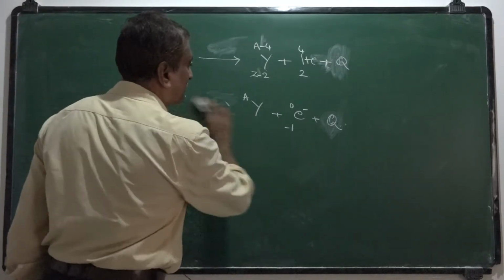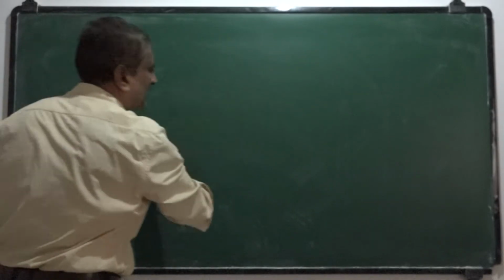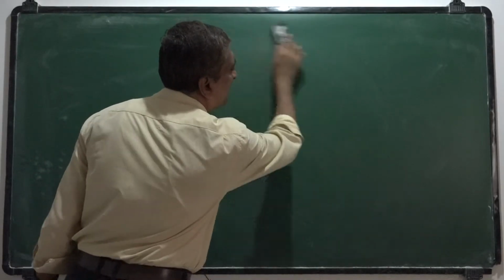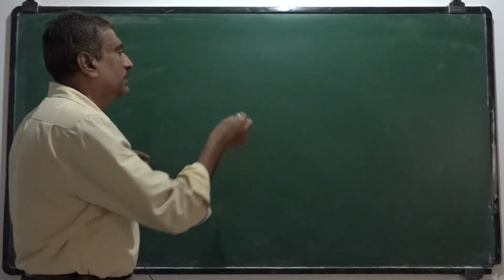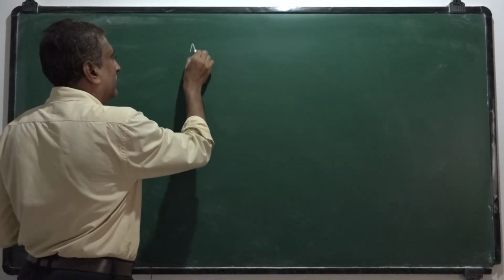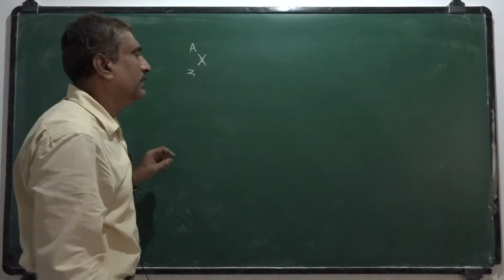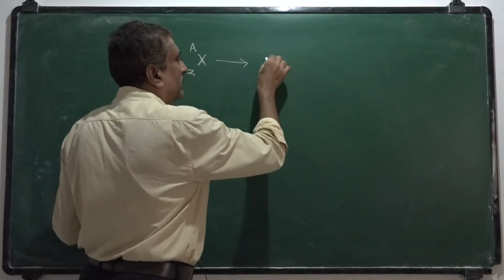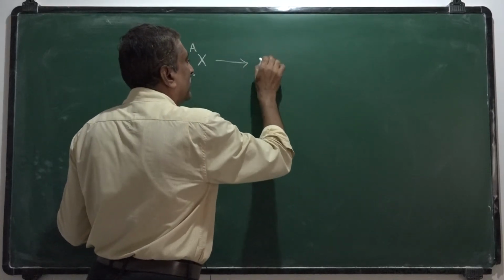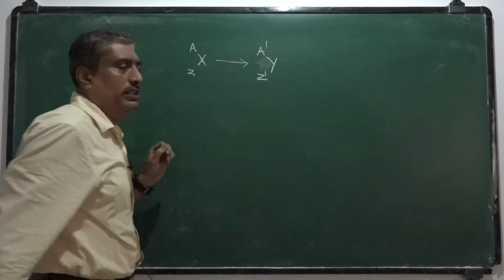Some problems are asked like this. When a nucleus X with mass number A and atomic number Z is disintegrated by alpha decay or beta decay, assume that it changes to another nucleus A dash and Z dash, whatever it is.